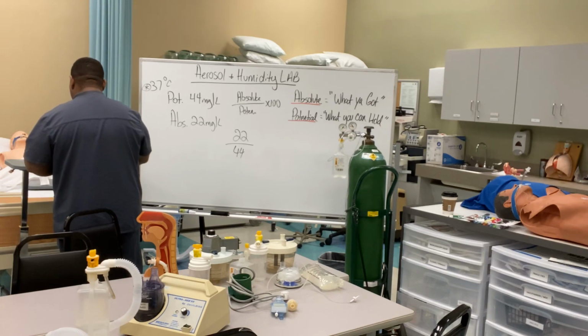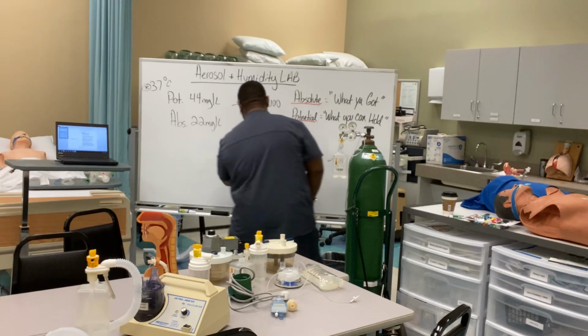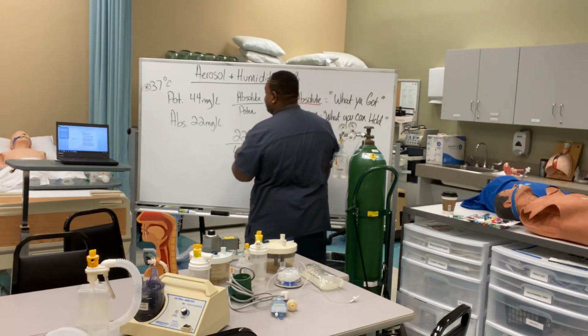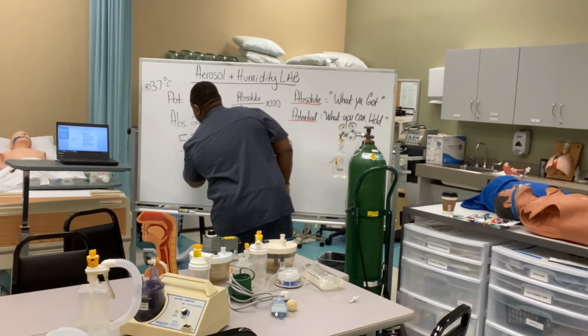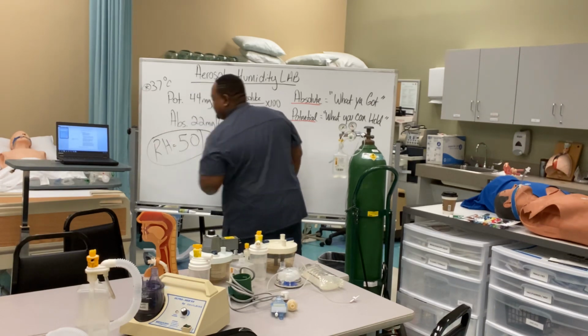I'll give you a chance to figure it out. 22 divided by 44 is 0.5. Then we have to multiply by 100, and that gives us 50%, a relative humidity of 50%.